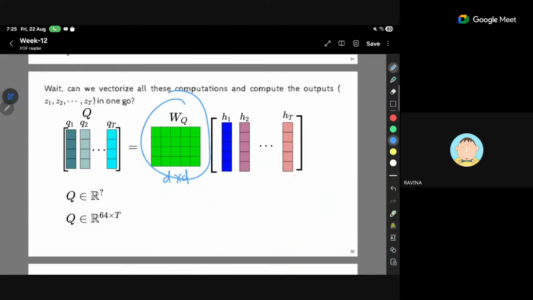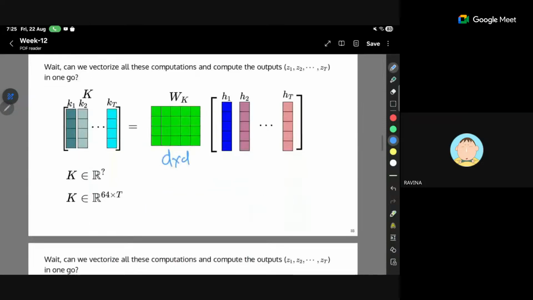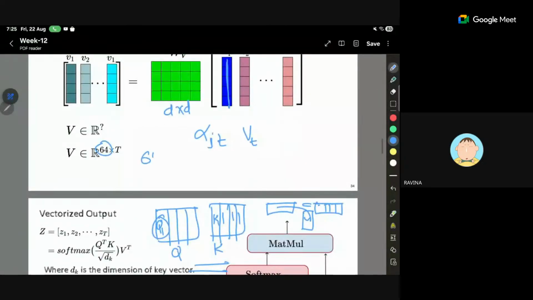So I have D rows and capital T tokens. Then if I multiply, I'll get D cross T, right? So in this case, 64 cross T. And similarly, I have the same thing for K also, 64 cross T. Same thing I'll have here also, 64 cross T.